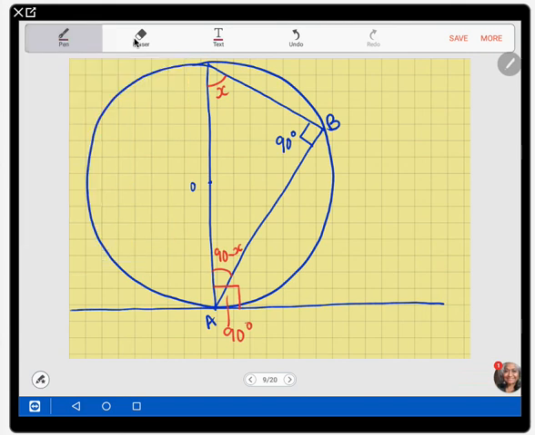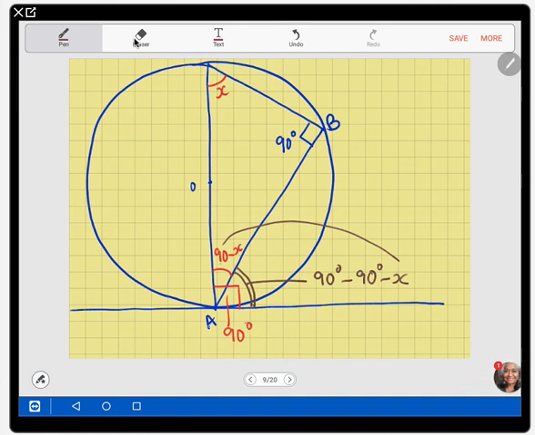Okay. So this is X degrees here, and this is 90 minus X. And we know the whole bit here is 90 degrees. Therefore, this angle here will be 90 degrees minus this bit here, minus 90 degrees minus X. Do you agree with me?